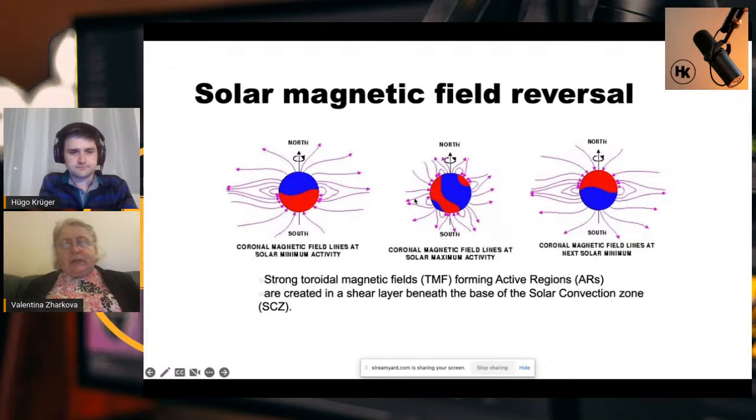The closer the sun is to the maximum, the more active regions, or magnetic loops, appear on the surface. Because the rotation is not equal in the equator and the lower latitudes, the loop starts twisting around and forming a lot of active regions.